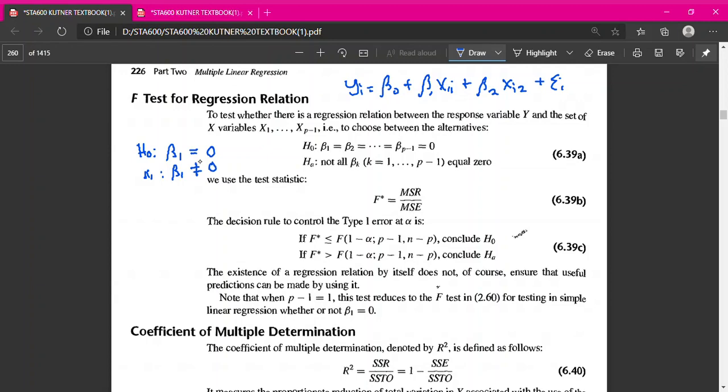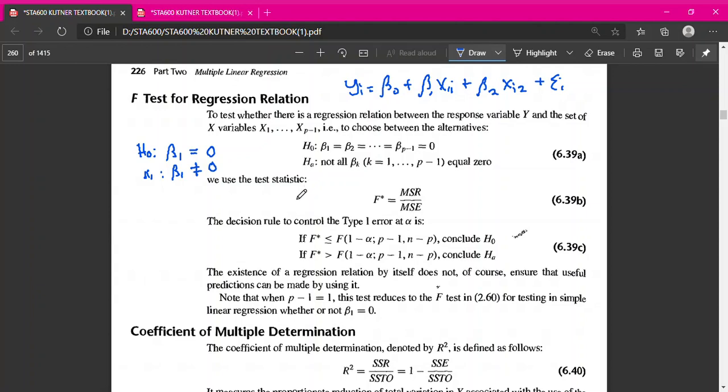Sama juga dengan multiple linear regression. Okay, you akan test untuk all the slope kat sini, beta 1 dan beta 2 if we have two independent variables. Okay, if you have 4, so here will be beta 1, beta 2, beta 3 and beta 4 equal to 0. And H1 nya adalah not all the beta equal to 0. Okay, kena tulis betul-betul lah.